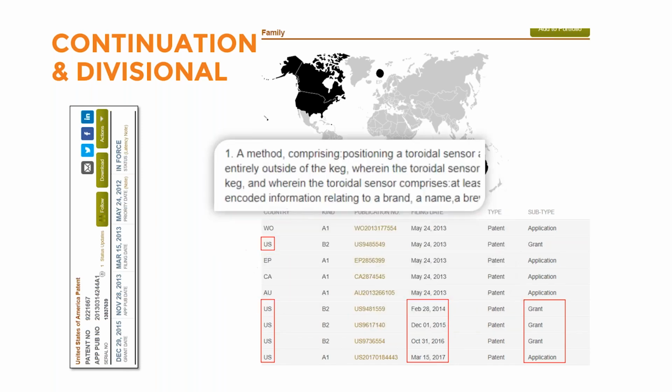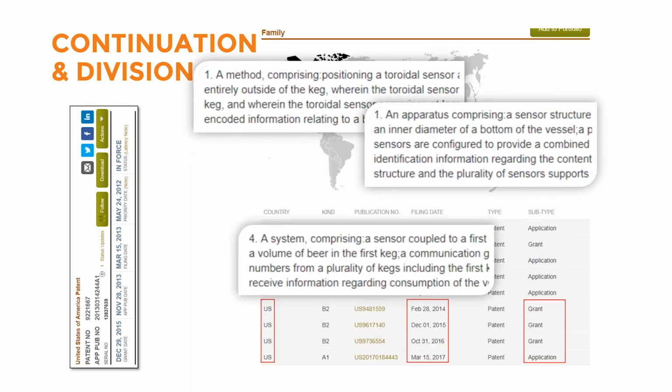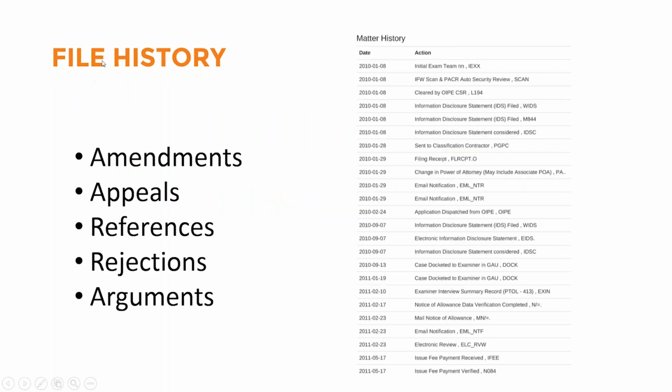Yeah, exactly right. What we want to do is start digging into the claim language for each of these matters. Are there differences? And then, Mark, like you mentioned, the file histories. In the file histories, from a high level, we'll have a transaction list of things that have happened to a given matter across its history.